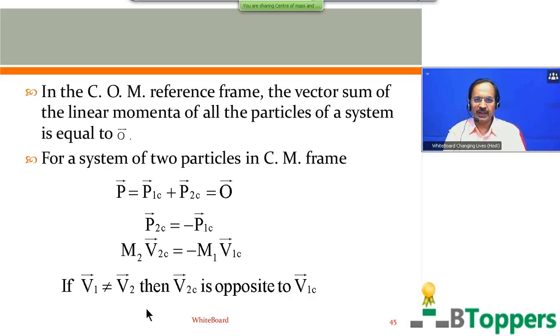So if V1 bar is not equal to V2 bar, as explained previously, then V bar 2c is opposite to V bar 1c. V1 bar is the actual velocity of m1 and V2 bar is the actual velocity of m2. It means V1 bar is the velocity of m1 with respect to a stationary observer on the ground. V2 bar is the velocity of m2 with respect to a stationary observer on the ground.